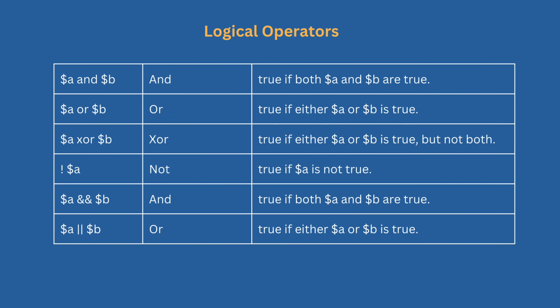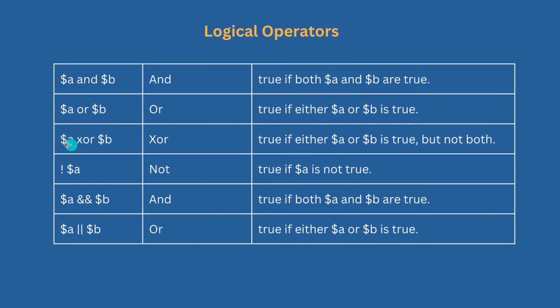These are some logical operators. This is only true or false. It's not about bitwise operators. Logical operator means A and B both are true, then you will get true. If A or B, if any one is true, you will get true.